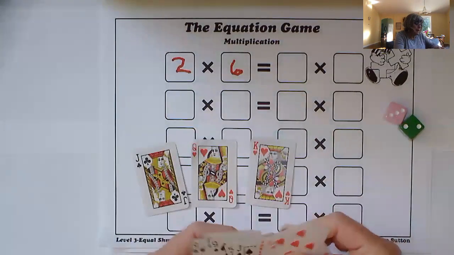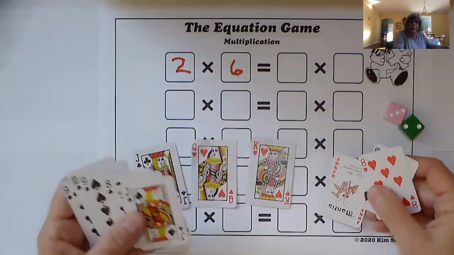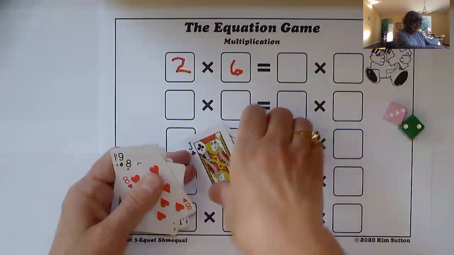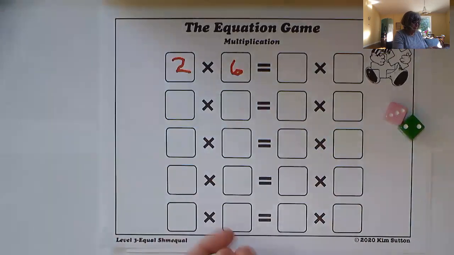And the ace would be a 1, and the joker could be a wild factor. So you have all kinds of possibilities when you play this game.